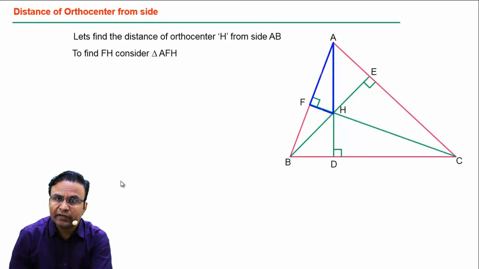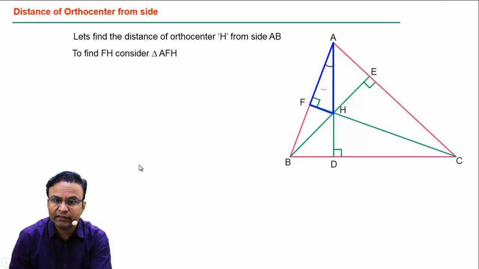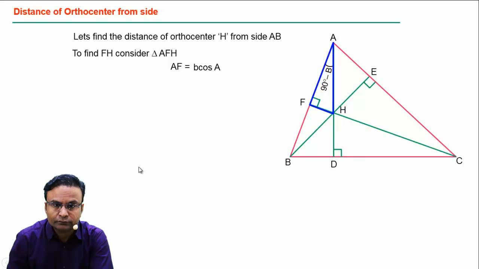Just now we considered triangle AFH to find length AH. Now in this triangle, this angle is 90 minus B. Length AF is equal to b cos A. Now we can solve this triangle for length FH.